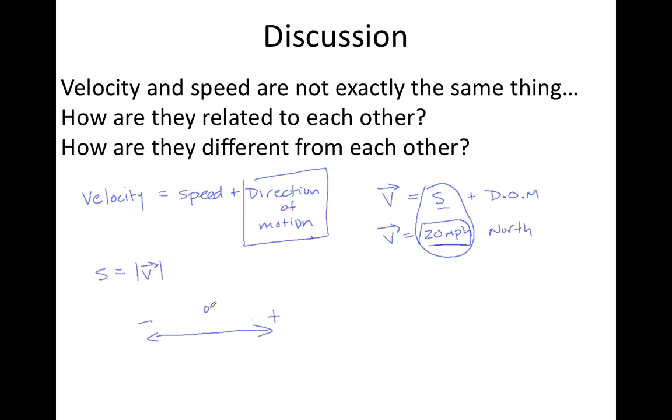So for example, we can have an object moving in this direction, and we can indicate its velocity as positive 2 meters per second, where we could have another one moving a little bit faster, so I drew the arrow longer, and that velocity might be described as negative 3 meters per second. The difference in sign, positive versus negative, indicates that these two objects would be moving in opposite directions.